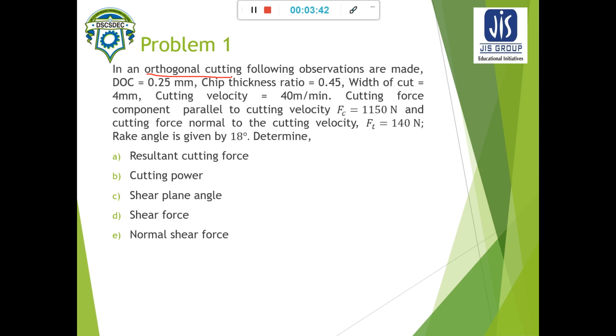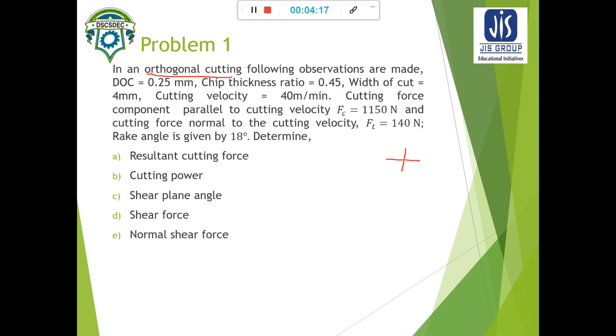So here, in an orthogonal cutting, the following observations are made. Depth of cut is given as 0.25 millimeter, chip thickness ratio is 0.45, width of cut is 4 mm, and cutting velocity is 40 meter per minute. Now the cutting force component parallel to the cutting velocity, where will the cutting velocity be?